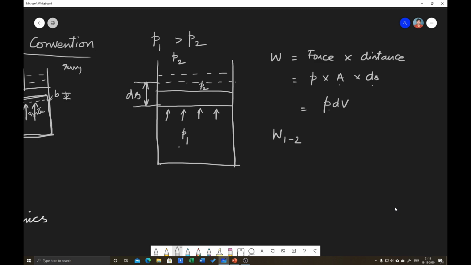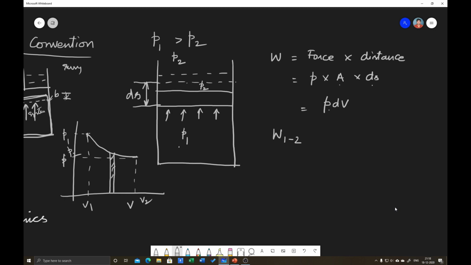That is why, whenever we have to calculate W1 to 2, say this is the PV diagram. Initially the pressure is more and volume is less. This is P1, this is V1. So this is expanded like this. This is V2, this is P2.